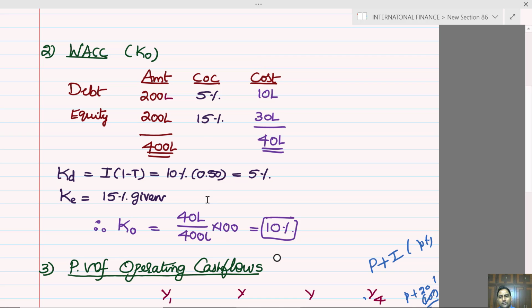Third one, see, out of 10%, 50% tax benefit is considered. Your net borrowing cost is taken at 5%. Tell me, do you have fixed tax rates? In this year, you may have a 50% tax rate. In the next year, that may either increase or decrease. Say, it may increase to 55%, or it may fall to 45%.